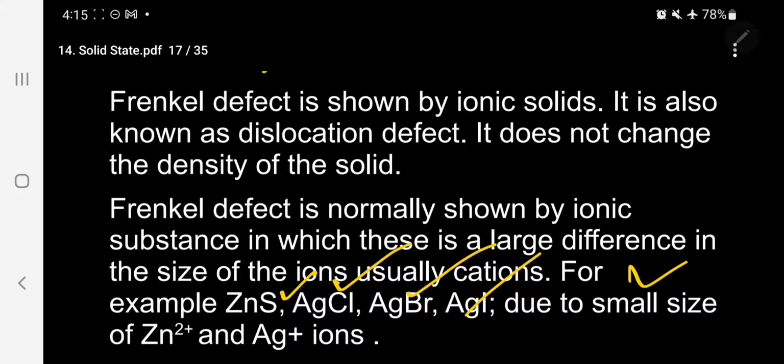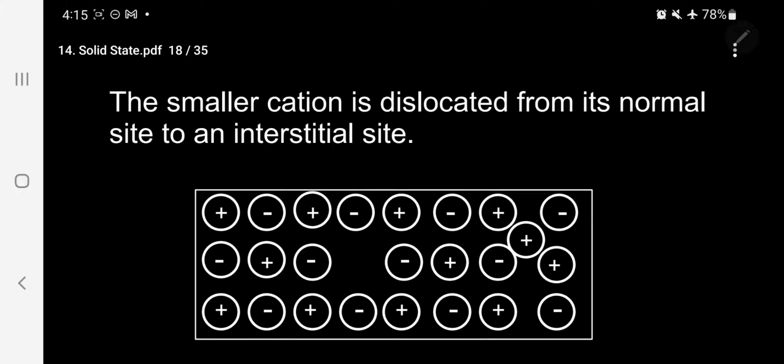Kindly follow. So I am showing the Frenkel defect. Just see here. Here the plus and minus show the positive and negative. I am not showing the smaller size and greater size; just for our understanding, plus means cation and minus means anion. So what is important here?